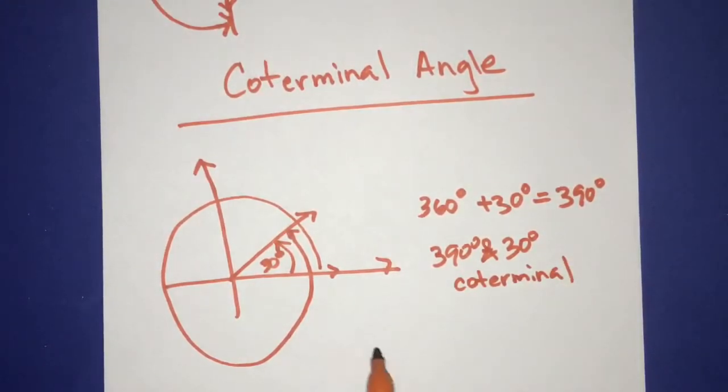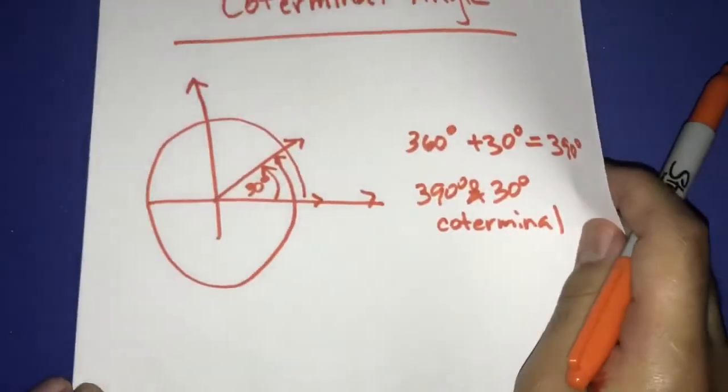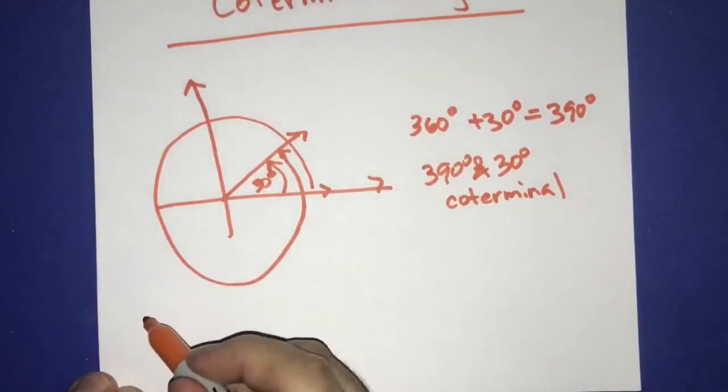So what this says is that any integer multiple of 360 degrees added to our initial angle will produce what's called coterminal angles. Okay, so let's go ahead and put this in writing for an example.